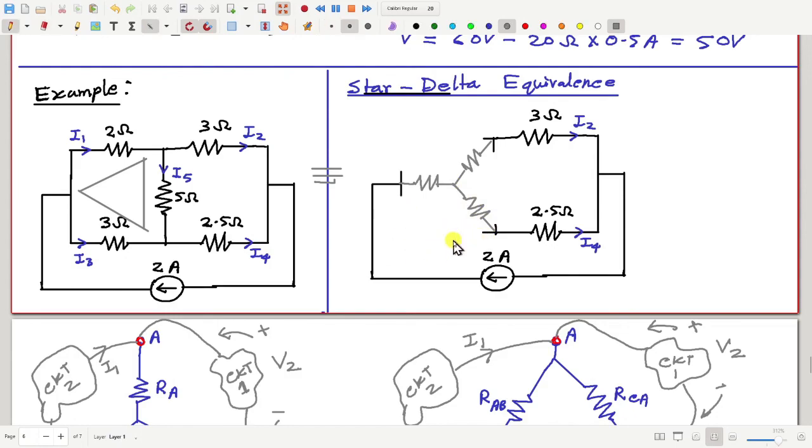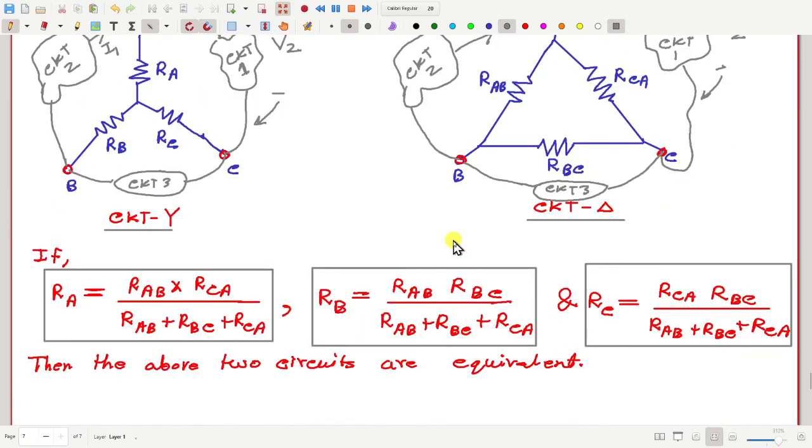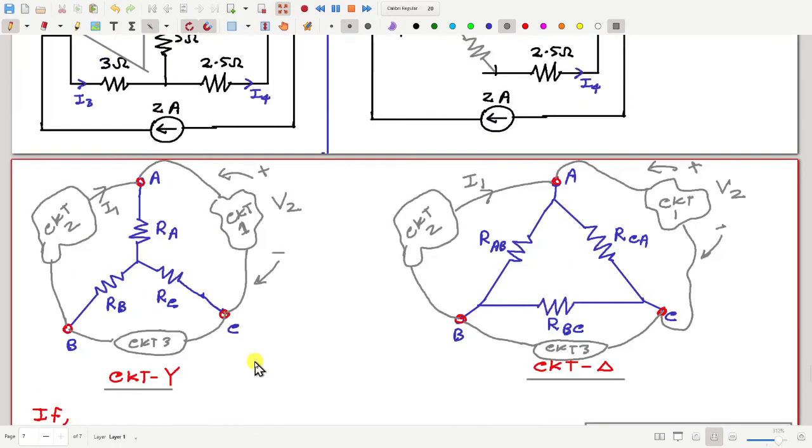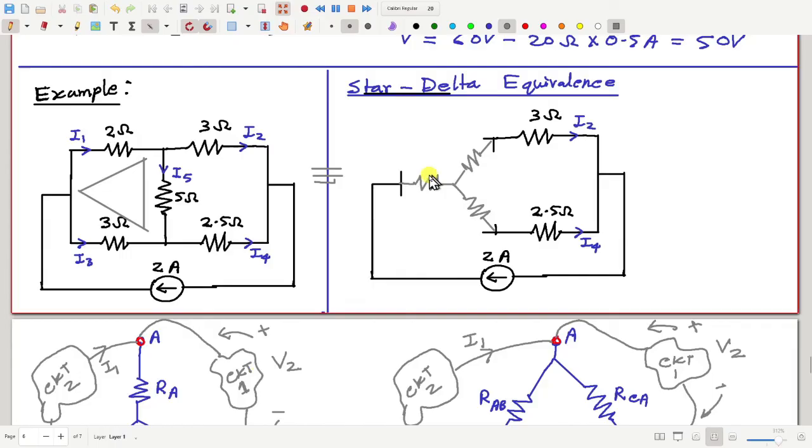Now, please note down these formulas. Basically, the product of adjacent resistances divided by the sum of the 3. From this, can you tell me what should be the value of this resistance so that these two circuits are equivalent? 0.6. 3 into 2 divided by 3 plus 2 plus 5, that is 10.